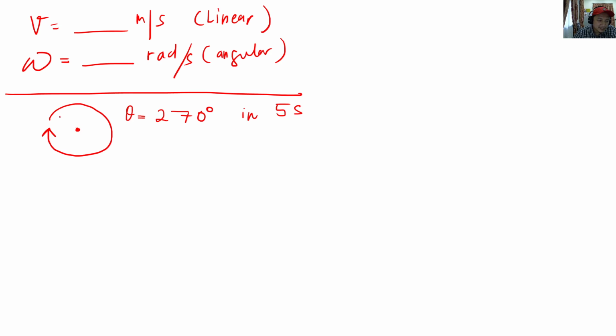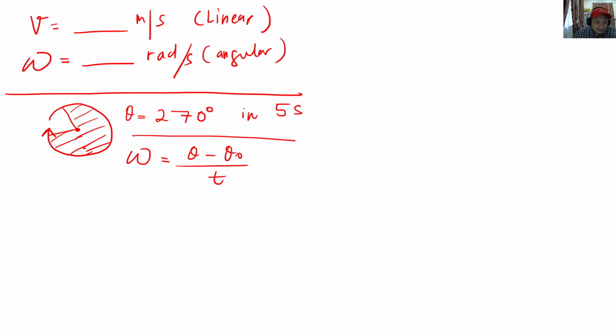Something rotating, maybe from here until here. It rotates 270 degrees in 5 seconds. Let's convert them into omega. So omega is equal to theta minus theta naught divided by time. So this is omega.